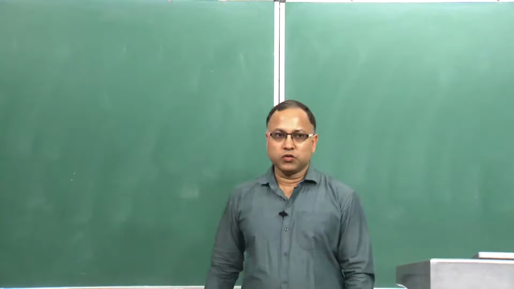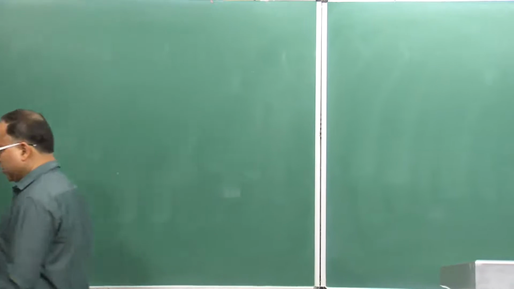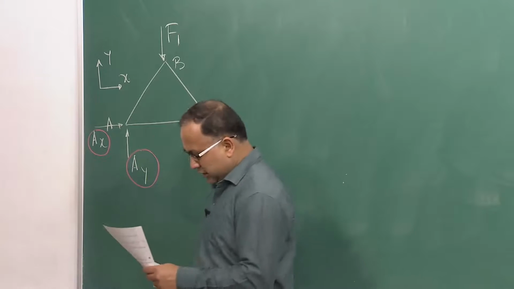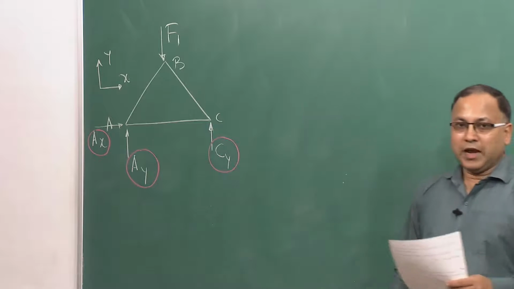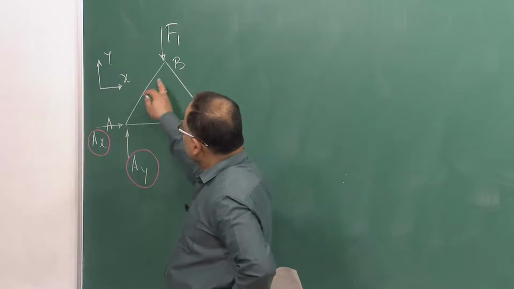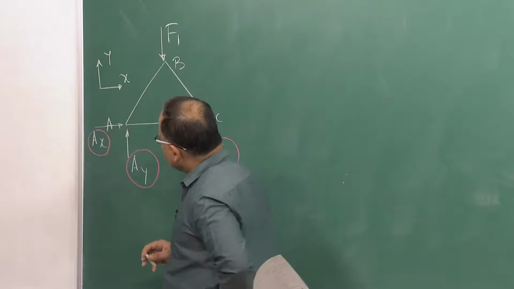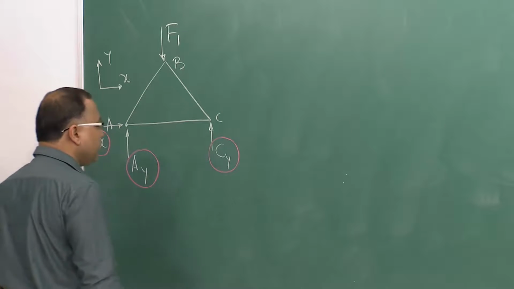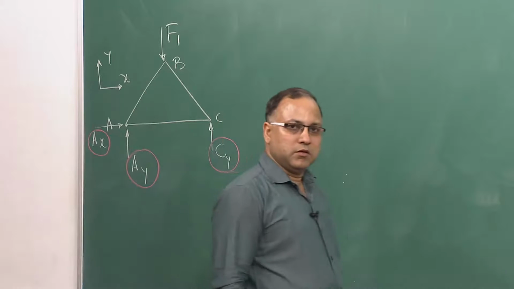So, this is your externally determinate structure, right. As well as if you look at the members, suppose you come to this joint and want to draw the free body diagram of this joint.